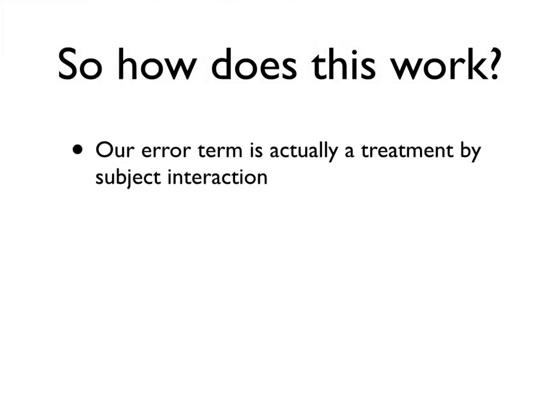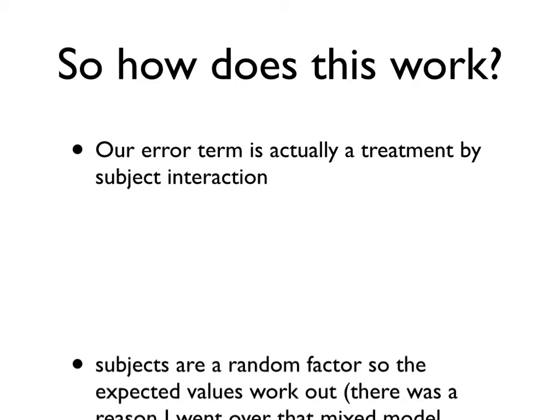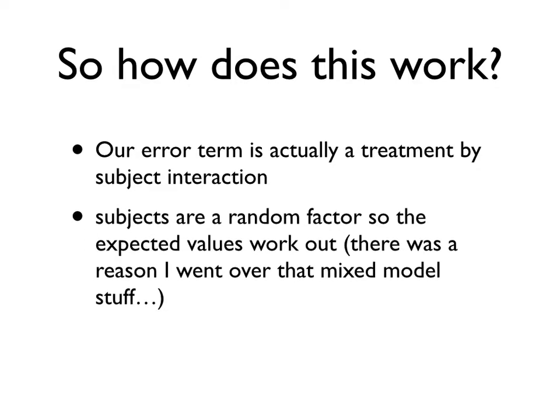So our error term is actually a treatment by subject interaction. Subjects are a random factor. They're a hell of a lot more like a random factor, at least, than retention interval. We can treat them as a random factor. So the expected values of the mean squares work out such that we divide retention interval, because of the expected values, by subjects by retention interval.